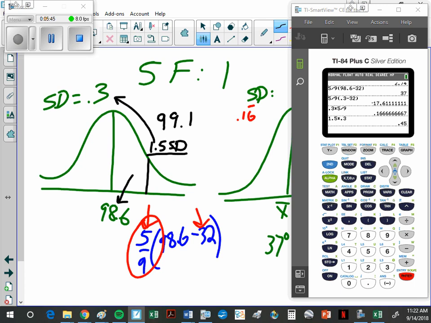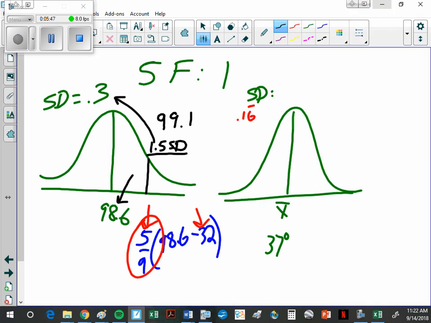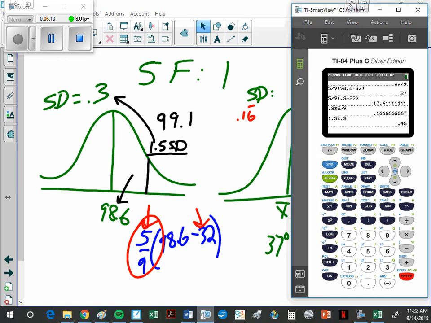Okay, so can I do the same thing over here with Celsius? Well, this is 1.5 SDs. What do I do with 1.5 SDs? Multiply it by 0.16, repeating. And just to be pretty accurate, I'm going to say 1.5 times 0.1 and then a whole bunch of sixes.